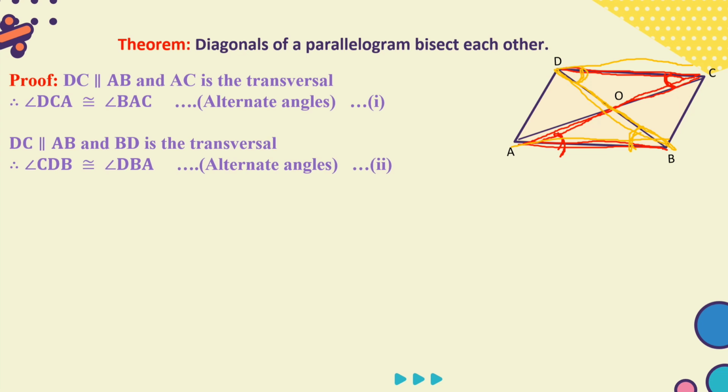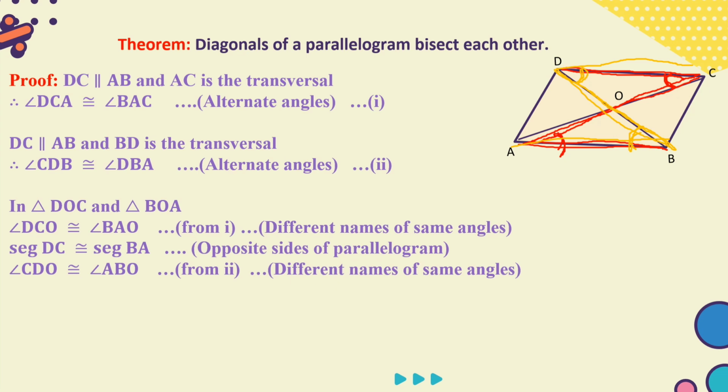Now we have to prove that the diagonals bisect each other. So we have to consider a triangle which has the diagonals that are being bisected, that is with O. So we will take triangle DOC and triangle BOA. So in triangle DOC and BOA, angle DCO is congruent to OAB. This is different name of the same angles. Yes.